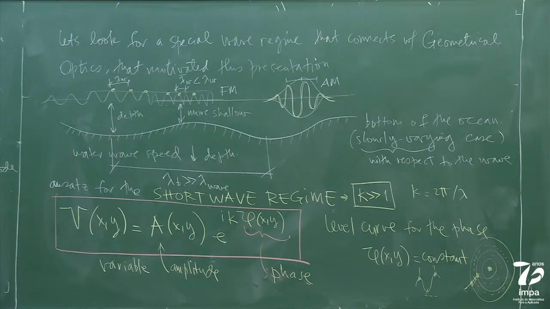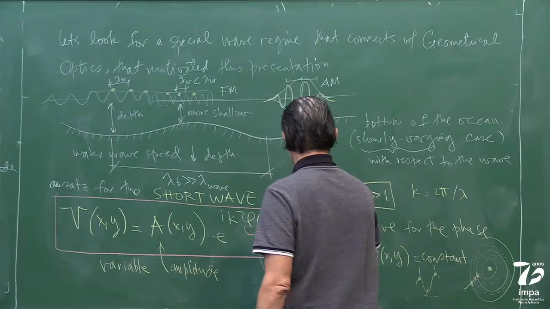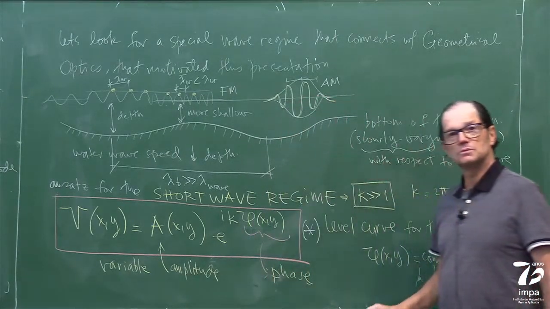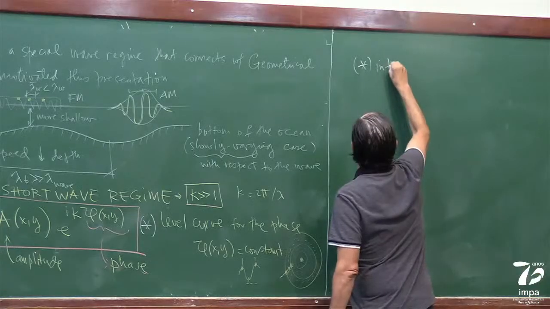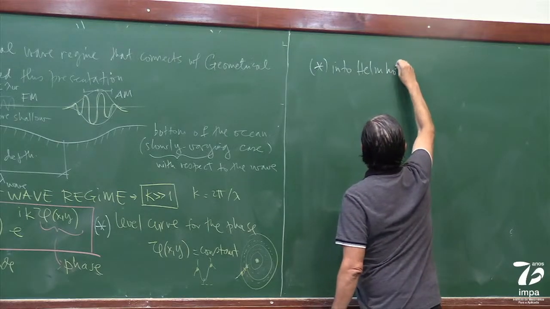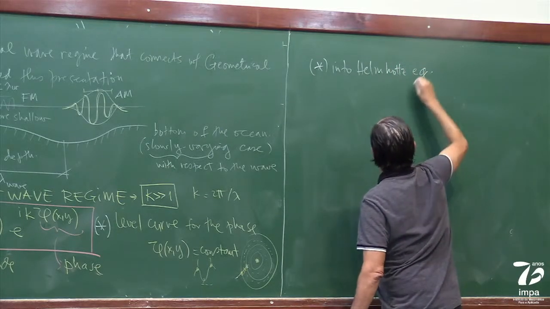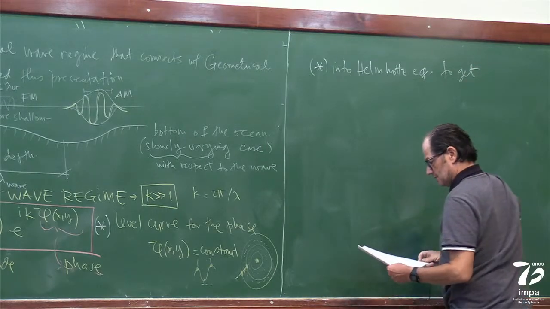So now it's just cranking the wheel. What we're going to do now is plug this, star, into the Helmholtz equation, to get the following.